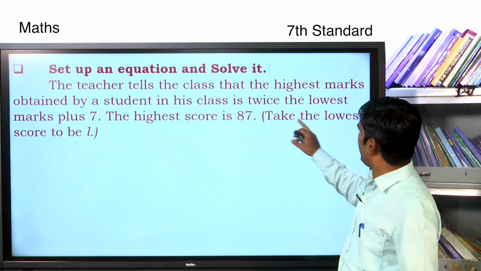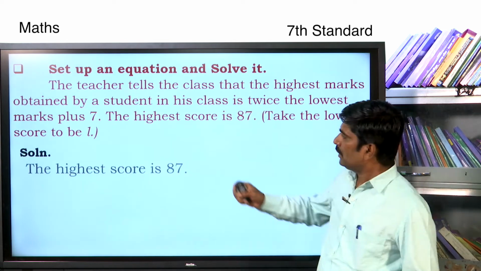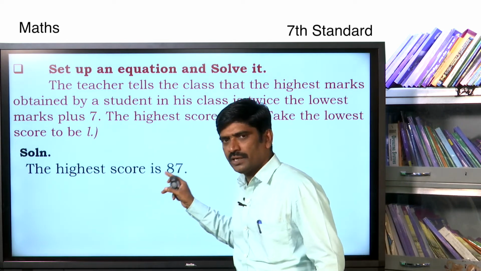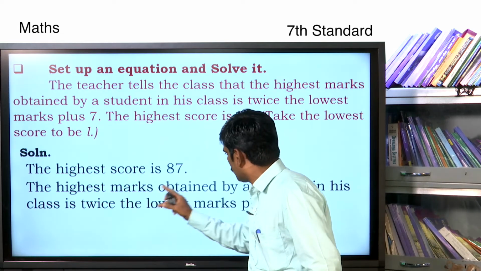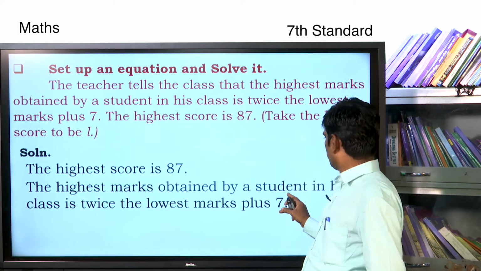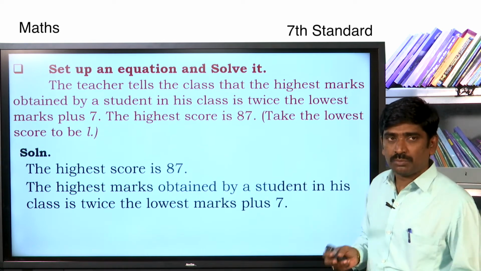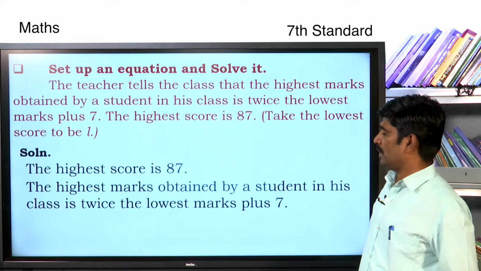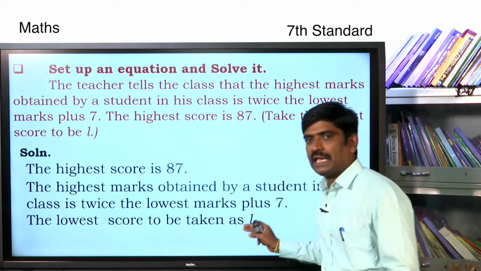The instruction is to take the lowest score to be L. Solution: the highest score is 87. Very good. Next point, the highest marks obtained by a student in his class is twice the lowest marks plus 7. Therefore, the lowest score will be taken as L.